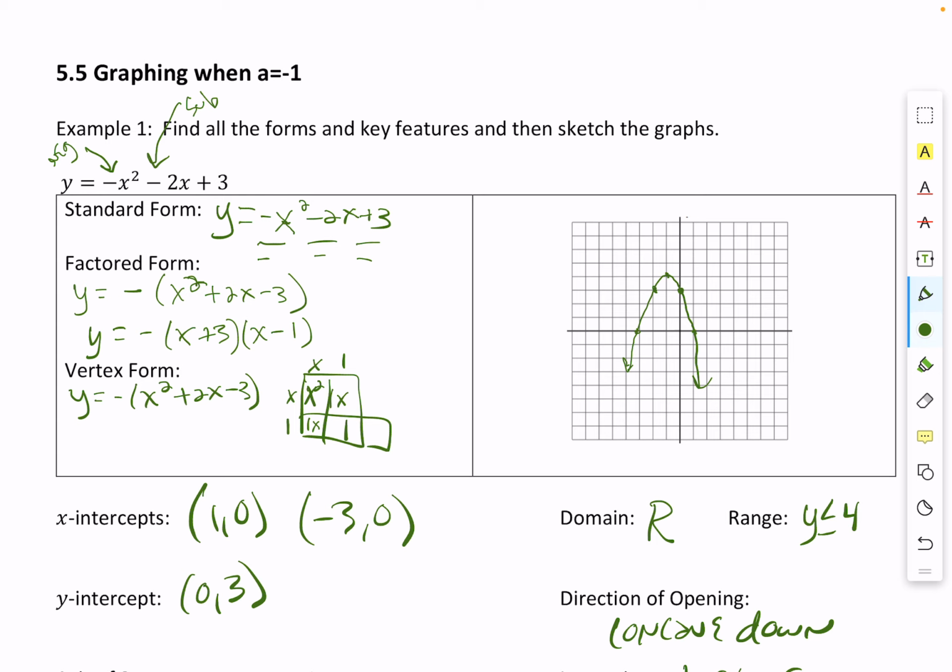We put the x plus 3 and x minus 1. That would be if my goal was to get from factored to standard. But my goal is to get from standard to vertex. All right, what's the extra box?